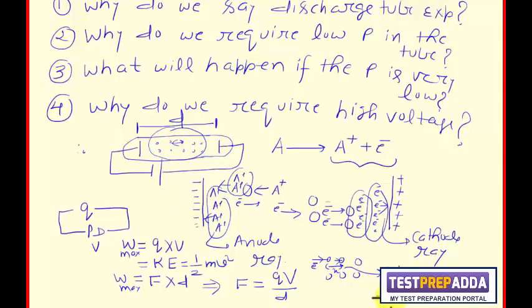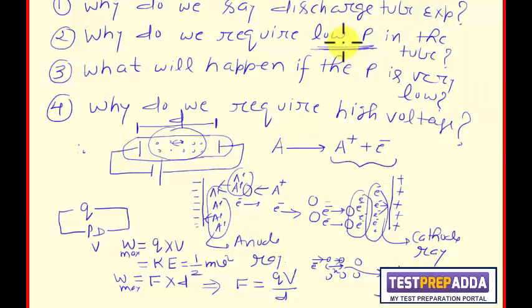The electron will not be able to gain sufficient kinetic energy, and this way when the electron collides with the atom it will not release an electron, and that is why the cathode and anode rays will not be produced. So it is very important to keep pressure low.